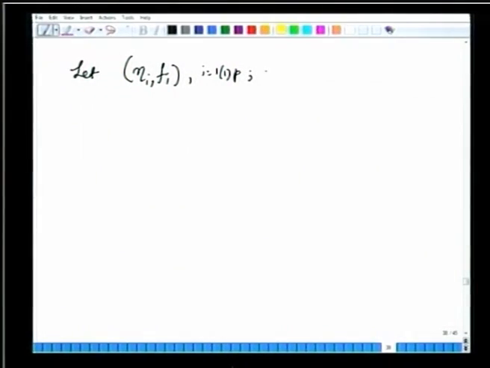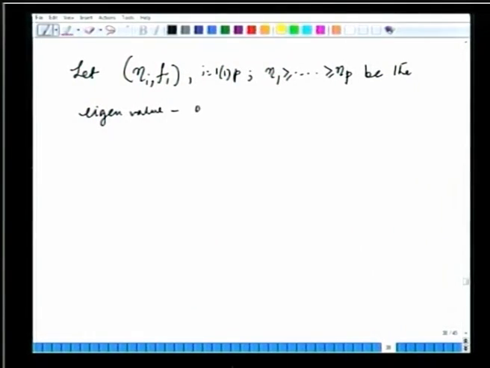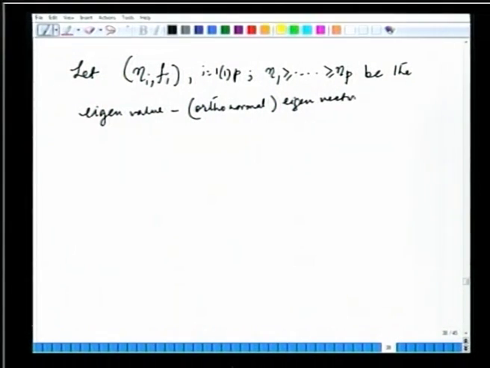The same way as we had considered the lambdas, I have eta 1 greater than or equal to up to eta p be the eigenvalue and orthonormal eigenvector pairs of rho, now instead of sigma.